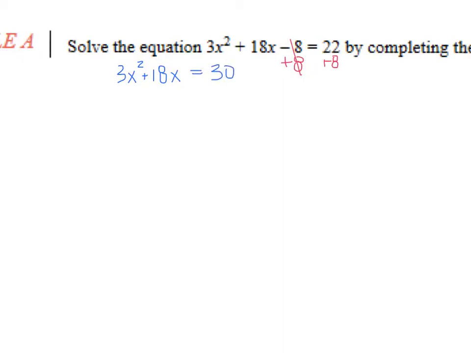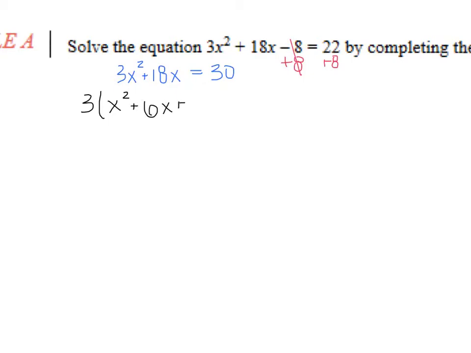Now, before we can actually complete the square, we need to factor out that a value, that 3. So we are going to bring the 3 out front. If I divide 3x squared by 3, I'm just left with x squared. And if I divide 18x by 3, I am left with 6x. Okay?